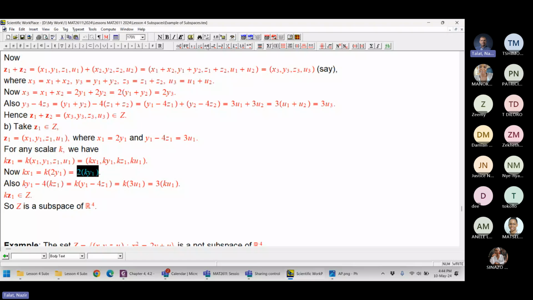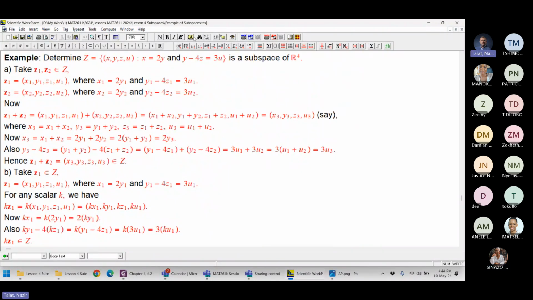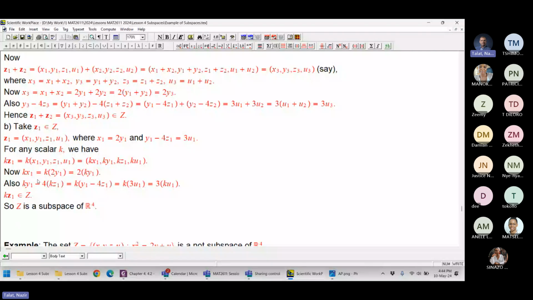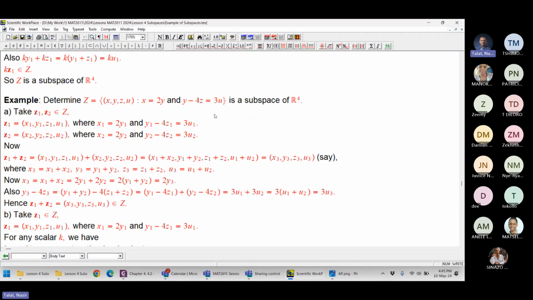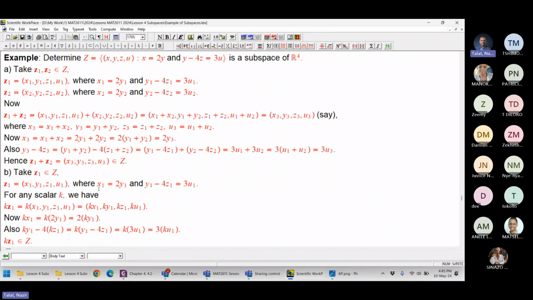So the first relation holds: k times x1 is equal to 2 times ky1. Moreover, if you multiply k with the second element, ky1 minus 4kz1 is equal to 3ku1. So the second relation also holds. So k times u also belongs to the set.